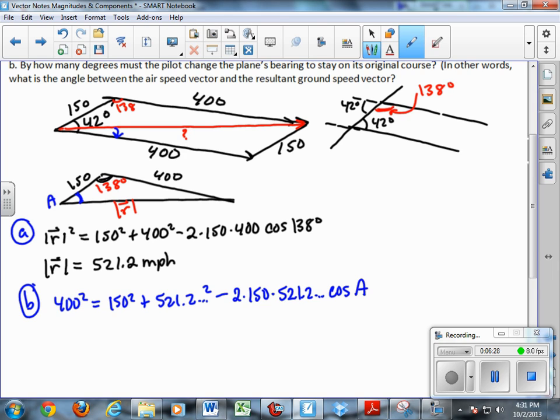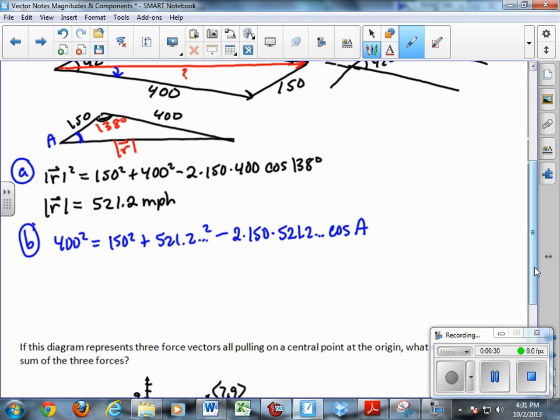So I could solve that. 400 squared minus 150 squared minus 521.2 squared.